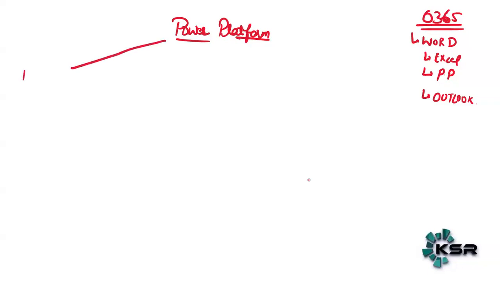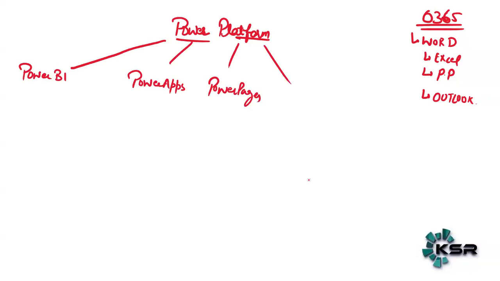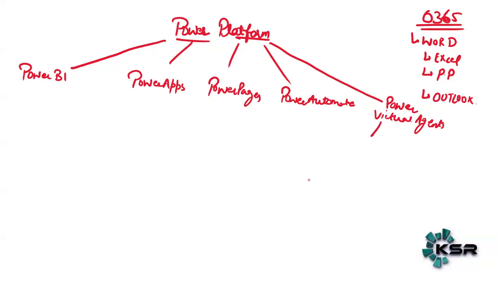First thing first, it has Power BI, then it has Power Apps, then it has Power Pages, then it has Power Automate, then it has Power Virtual Agents. It is now called Copilot Studio.